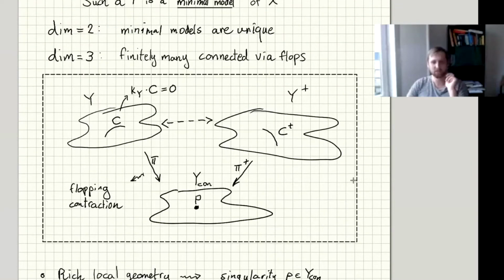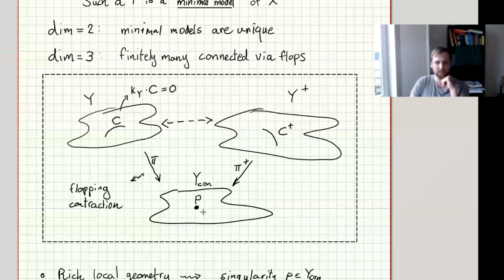Right, so the picture to keep in mind is the following. There's some curve inside our threefold, which has trivial intersection with the canonical bundle. And this is our flopping curve. Such curves are contractible.